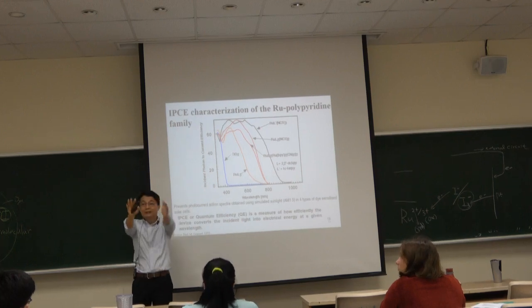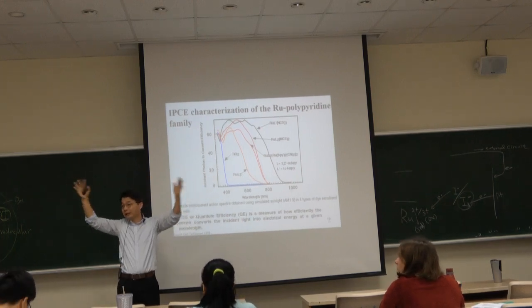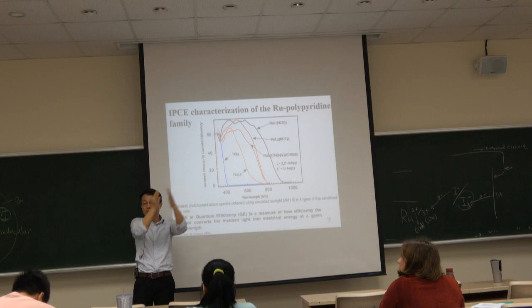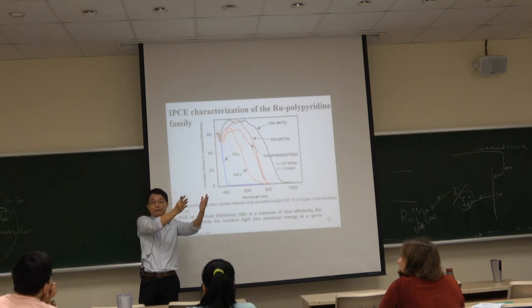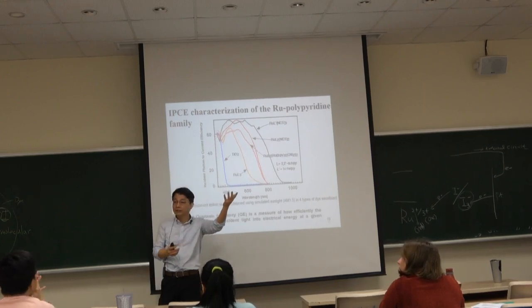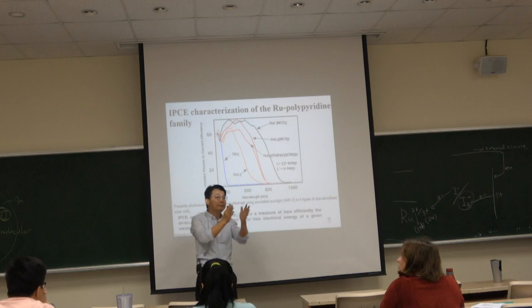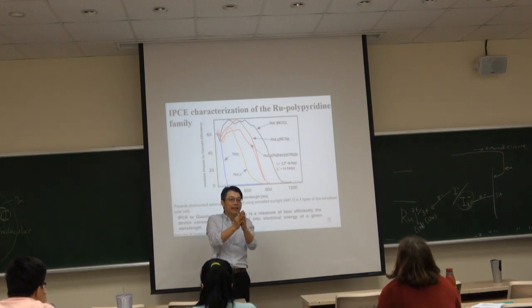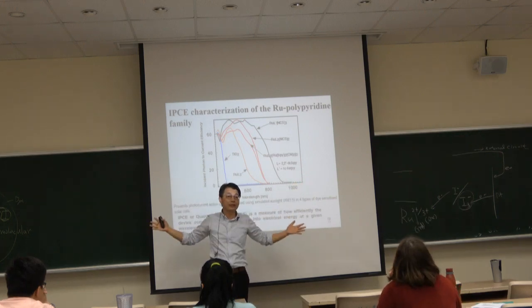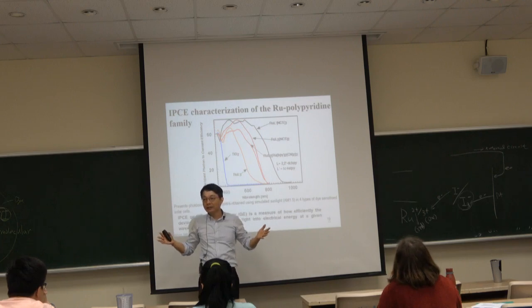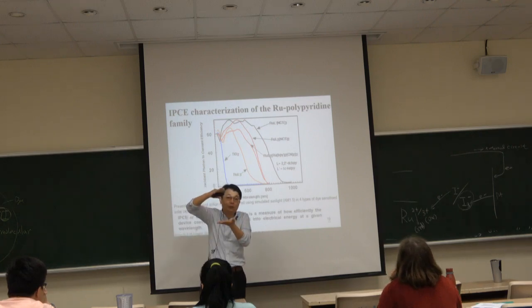So it cannot cover the whole range. Another material, CIGS, copper, indium, gallium, selenium, has another absorption edge. So you cannot have one material that gets the whole spectrum. It is impossible so far, unless you provide a tandem structure.